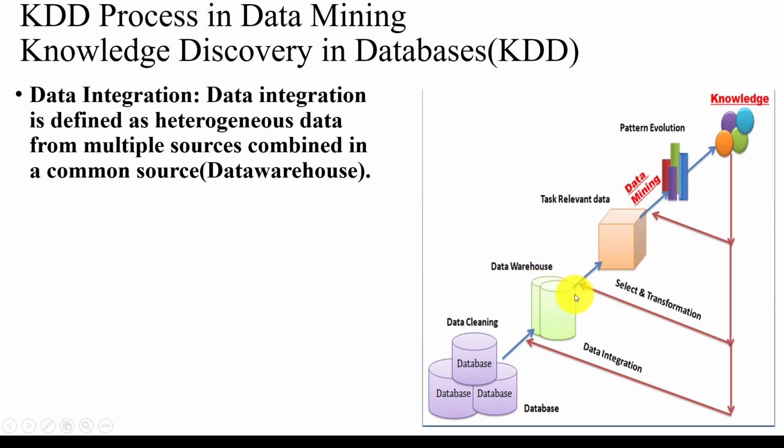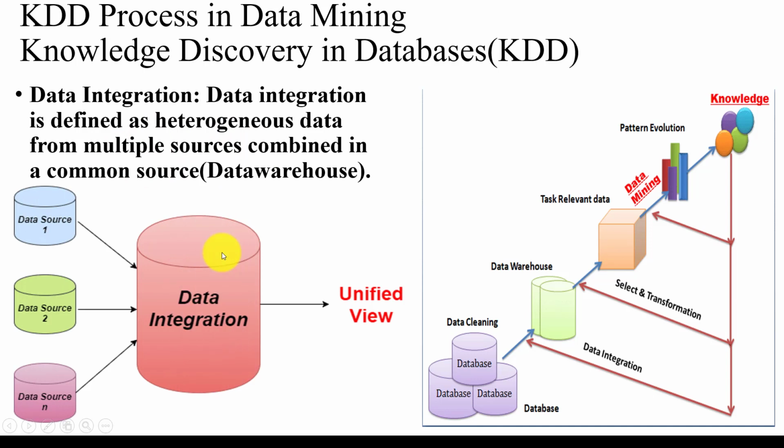We know that into a data warehouse we can have data from heterogeneous sources. In this diagram you can see data source 1, 2 and n. So there are n number of heterogeneous or multiple sources, and all these sources we combine into one source, that is nothing but data integration.